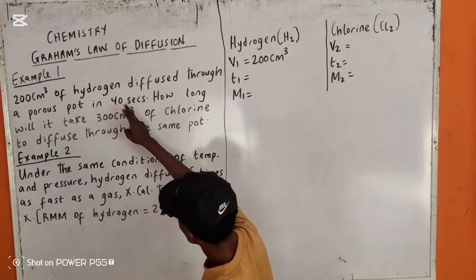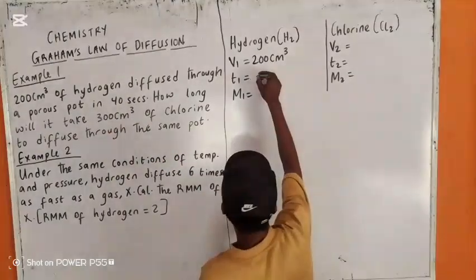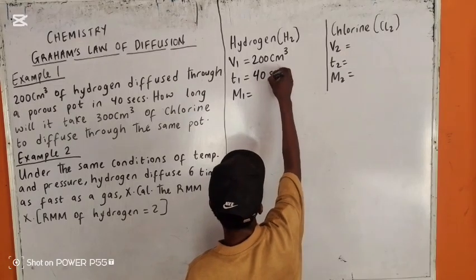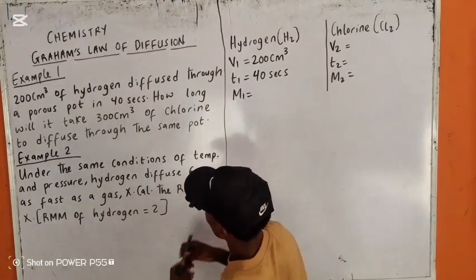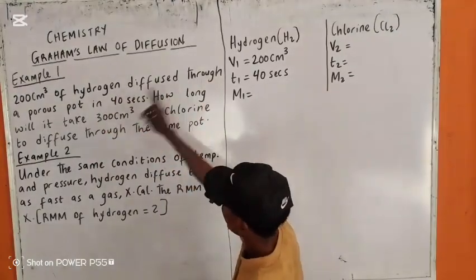So this 40 seconds here also belongs to hydrogen. Hydrogen diffused through a porous pot in 40 seconds.